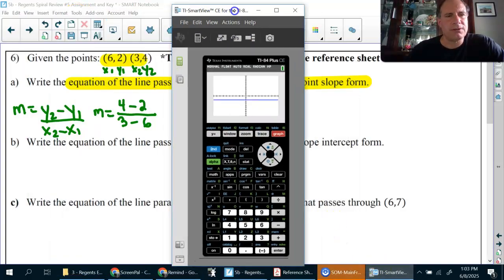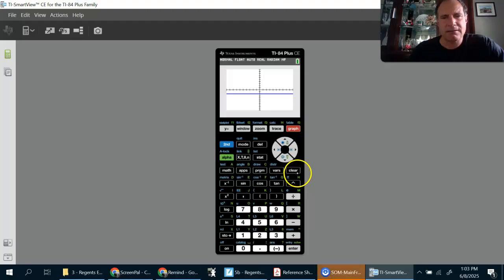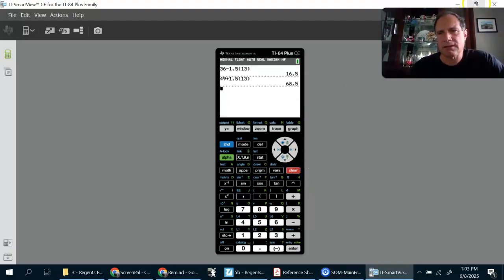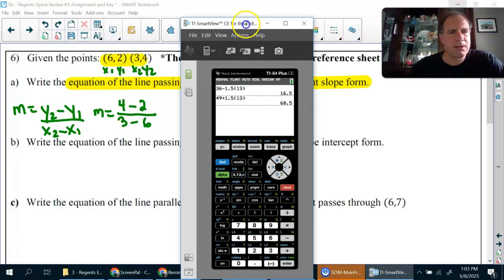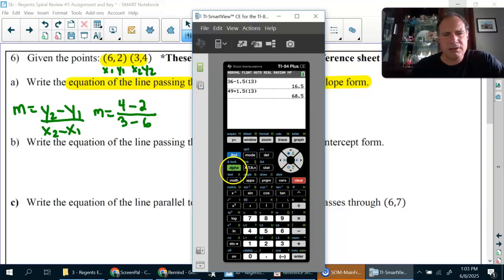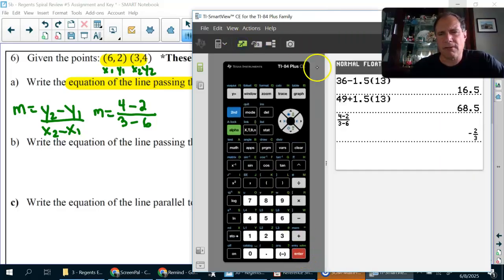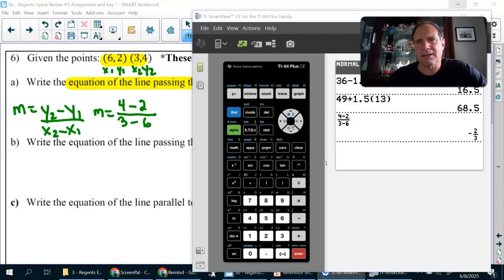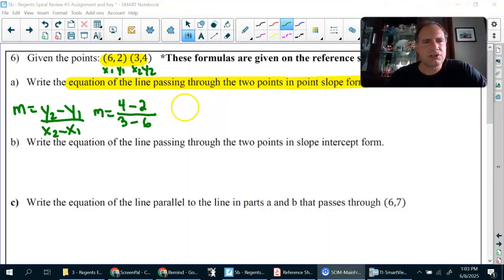Put it in as a fraction, alpha x, and just do 4 minus 2 in the numerator, and then the denominator 3 minus 6. Let the calculator give you -2 over 3. All right. So the m, the slope, is -2 over 3.